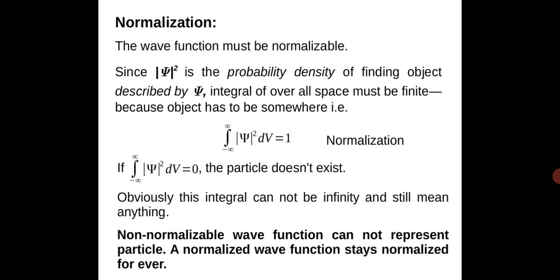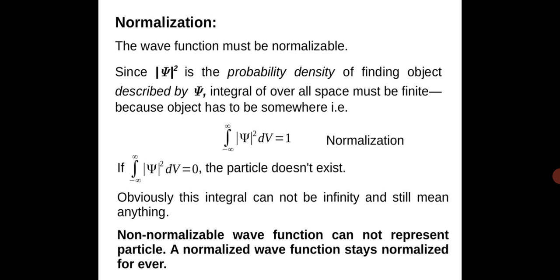The wave function must be normalized, since the mod square of psi is the probability density of finding the object described by psi. So what is this? It is the probability density of finding the object over all the space. So it must be finite and have a single value, because the object has to be somewhere in space, that is from minus infinity to plus infinity, and it should be equal to 1, that is nothing but the normalization.